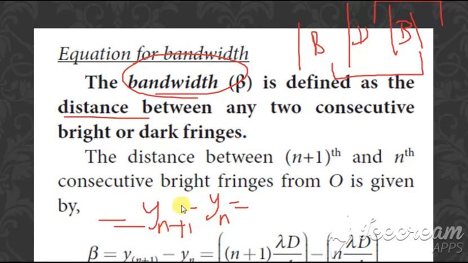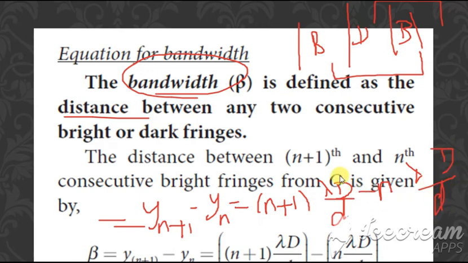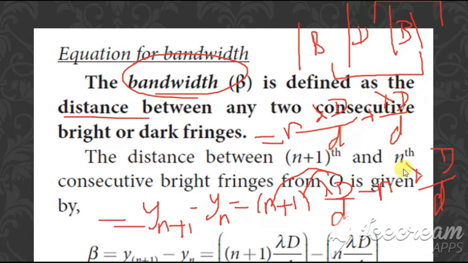For n plus 1, the formula is (n plus 1) into lambda D divided by d, minus n into lambda D divided by d. Now multiplying this term inside, we get n lambda D divided by d plus lambda D divided by d, then minus n lambda D divided by d.